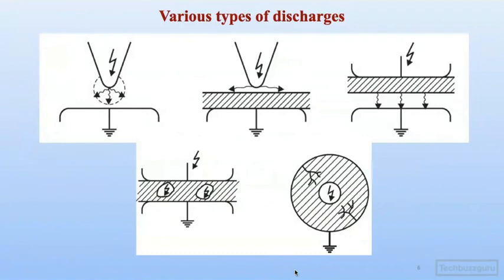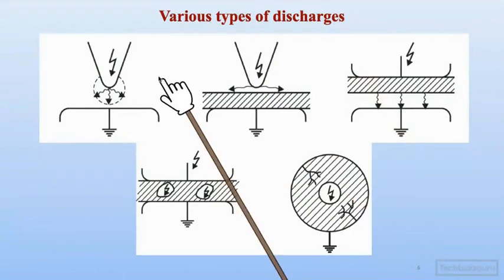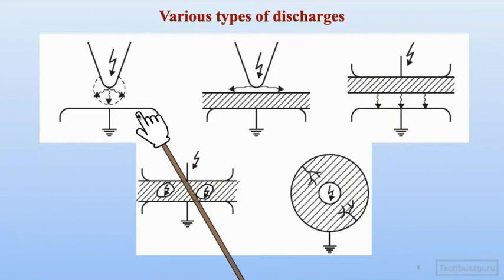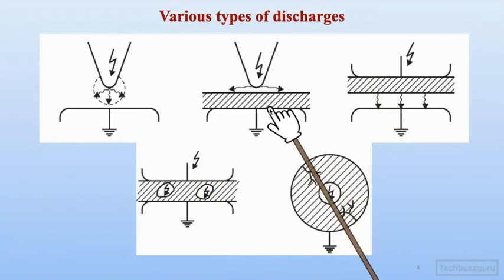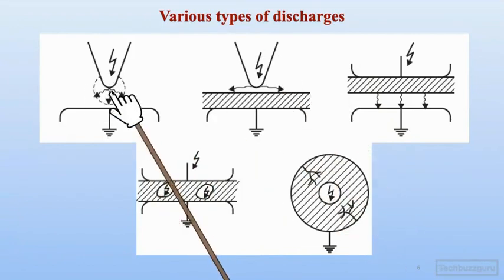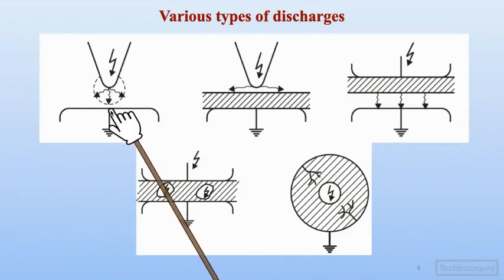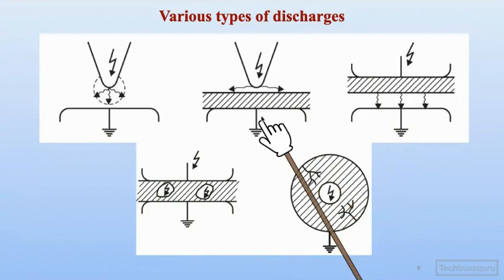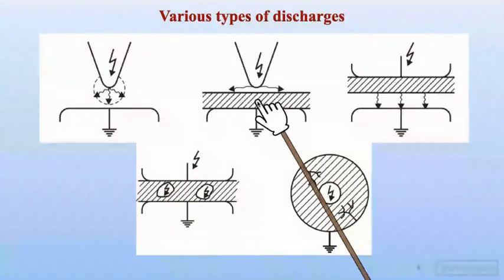Various types of partial discharges are shown over here. You can consider the top as a point electrode and the bottom as a plane electrode. Here also point and plane electrodes. The difference between these two is that this is a point and plane electrode without any insulator placed in between, and this is a point and plane electrode with an insulator placed in between.